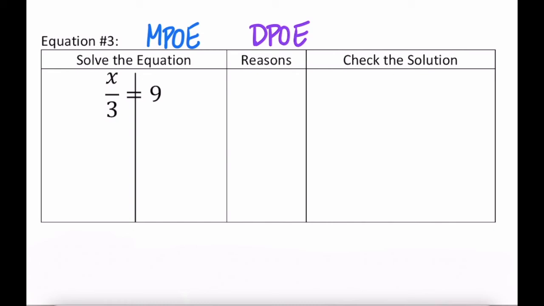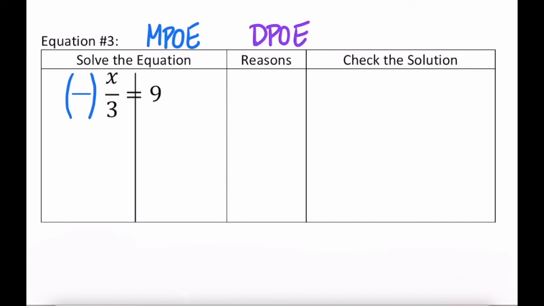This is a fraction. Notice that this has a fraction bar. So because it is a fraction, we have to remember that fractions stand for division. So by multiplying here, I need to make sure that whatever I multiply, I'm also multiplying it by a fraction.